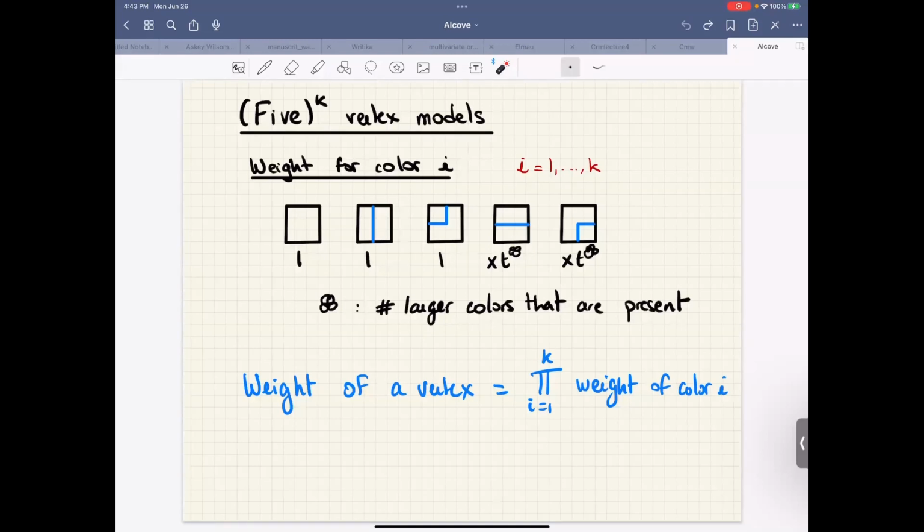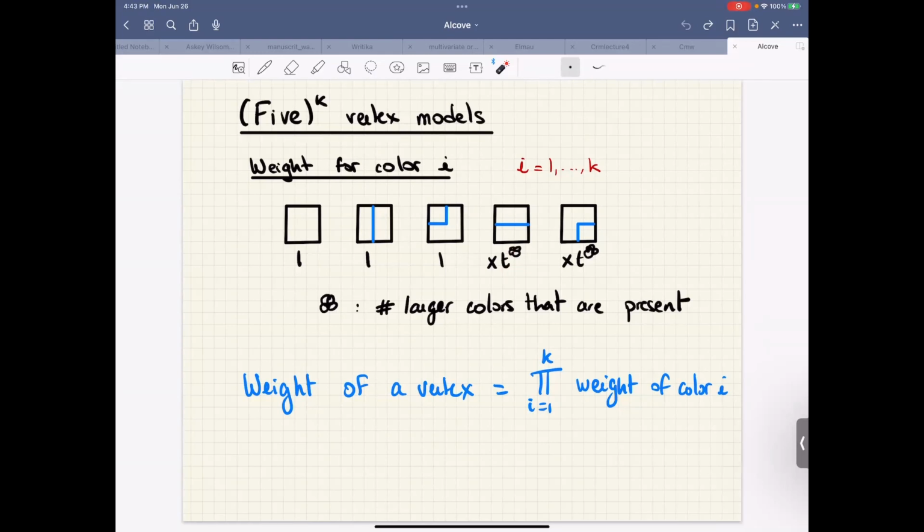So I don't need to have only 2 colors. I can do it with k colors that are fixed. For each color, the x weight is just the same as before. But now for each color, I have some interactions, and my T to the power there is just the number of larger colors that are present in my vertex.